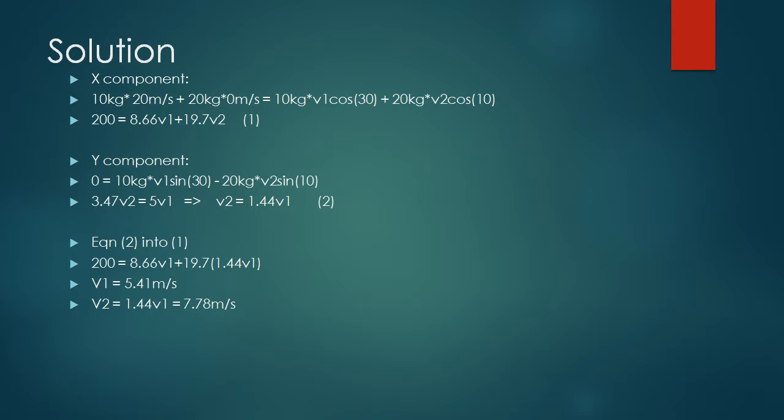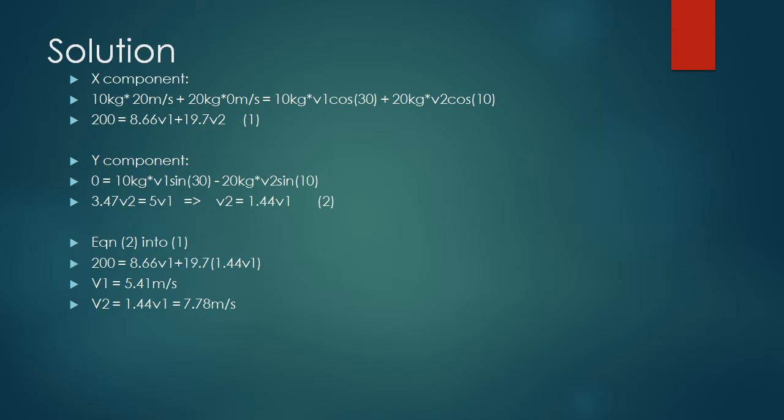So our equation 1, after isolating and multiplying all the numbers, is 200 = 8.66 V1 + 19.7 V2.